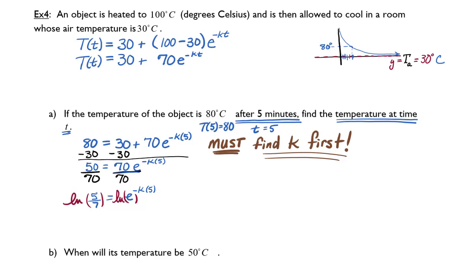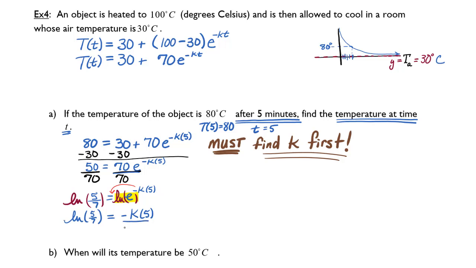The natural log of e is 1, and I can bring the exponent down. Now I have the natural log of 5/7 equals negative k times 5.